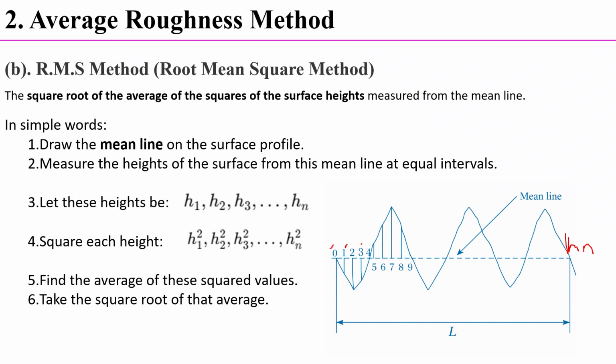After that, we find the average of these squared values, then take the square root of that average. So the height RMS value, H RMS, becomes the square root of H1 square plus H2 square plus H3 square up to Hn square divided by L. So this is the RMS method.